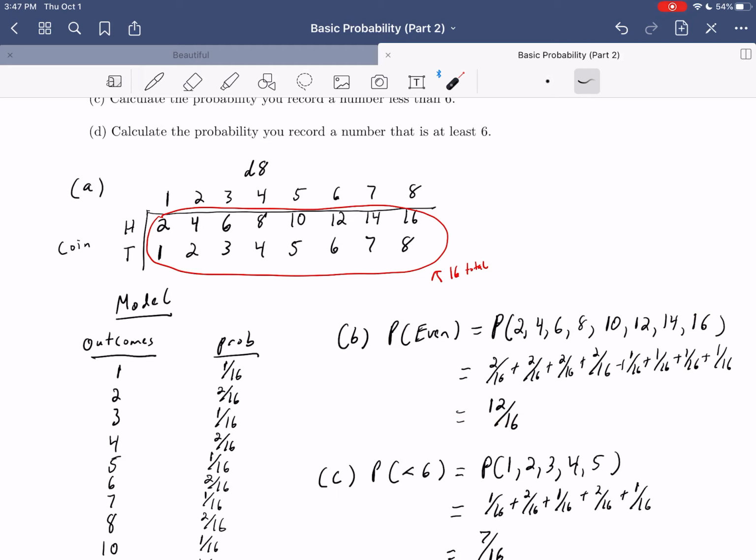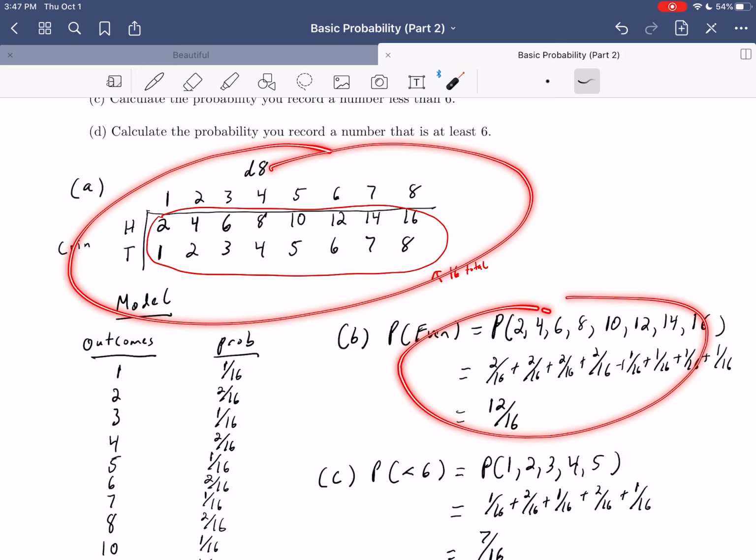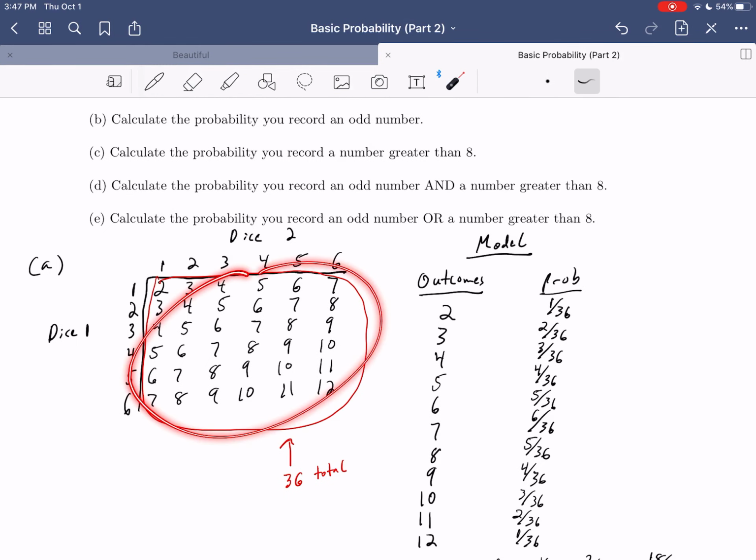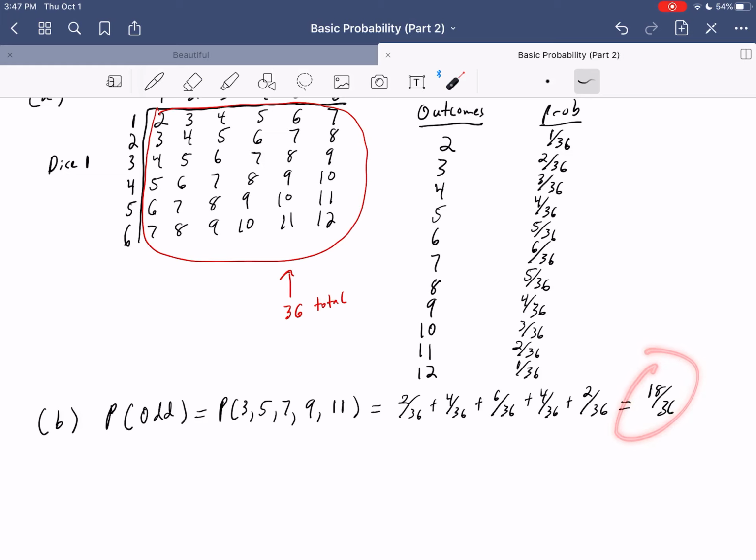It's because part of this game was doubling the result. And remember, anytime you double a number, it's guaranteed to be even. So the structure of this game made evens very, very common. Whereas the structure here of just simply adding numbers together makes evens and odds the same likelihood. In this case, if you simplify this, you'd find it as 1/2 or 50%.